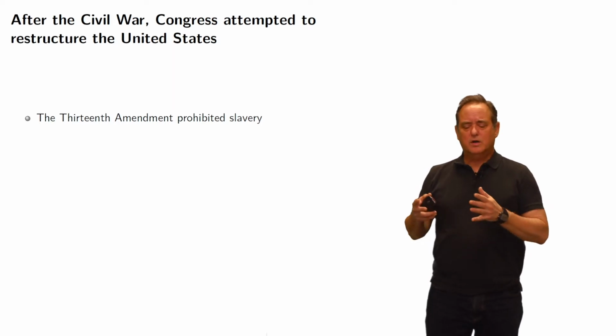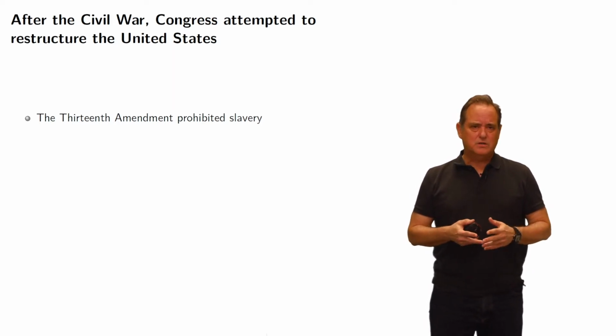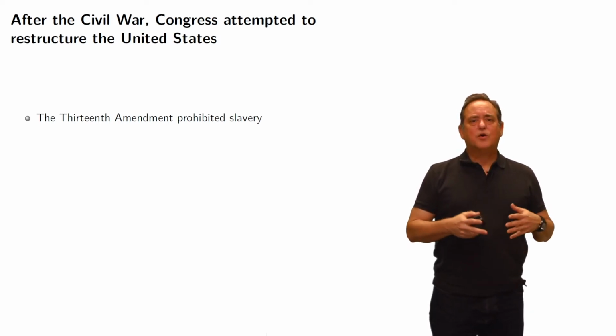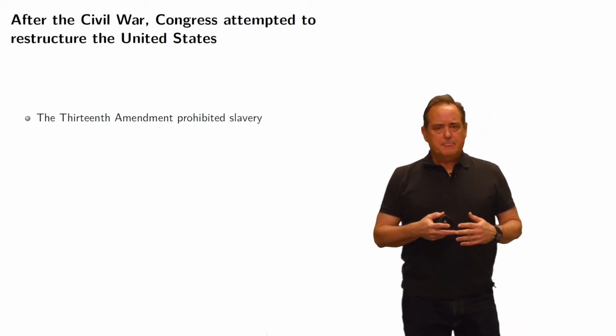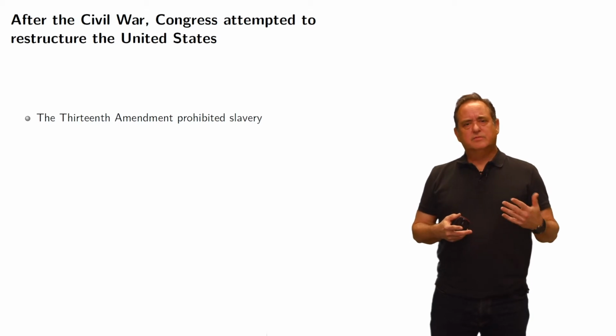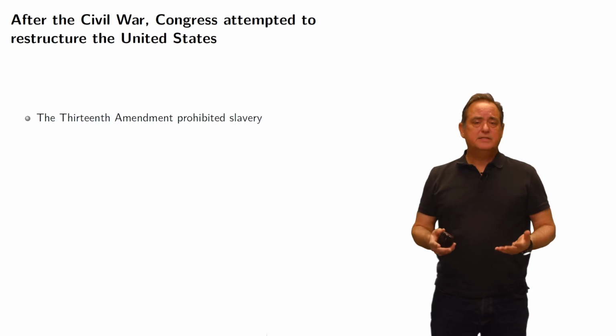Now, this was all an attempt really to restructure the United States. After the Civil War, Congress recognized that something had gone terribly wrong, and therefore they were intent on creating a new United States. They did so through a series of legislation, starting with the 13th Amendment. Now, the 13th Amendment prohibited slavery.